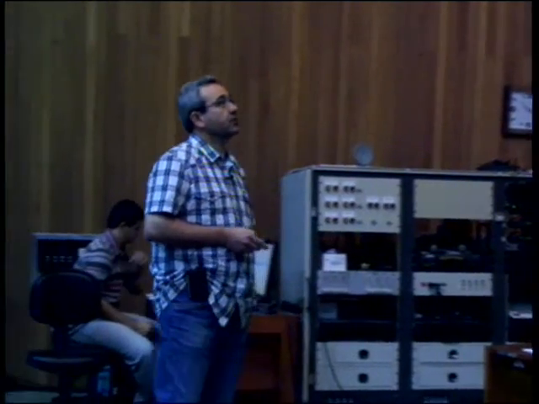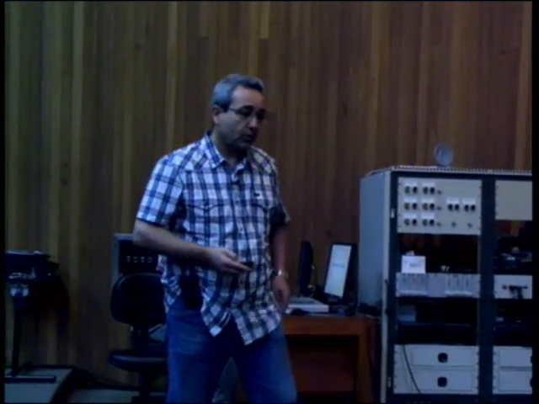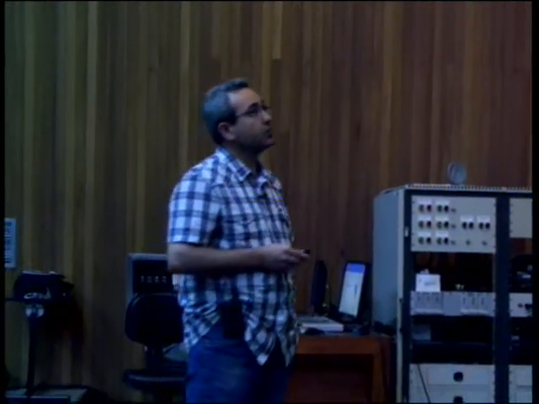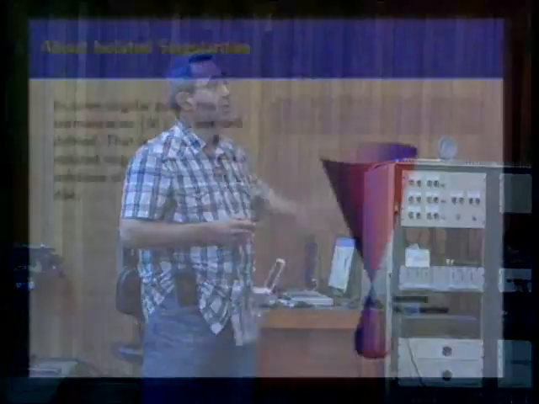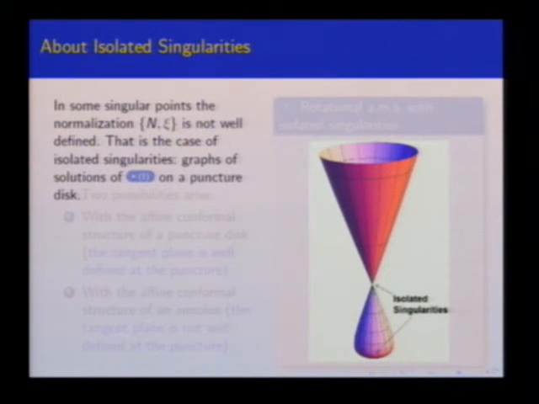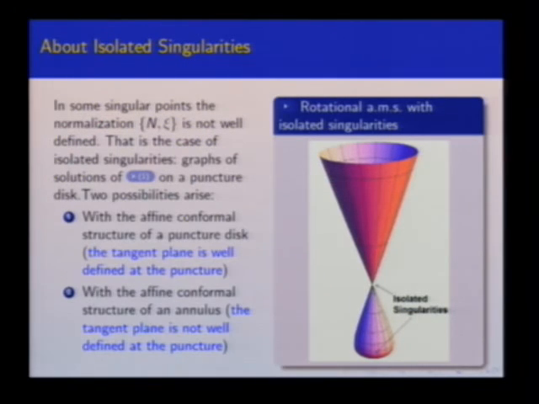Let me spend the last part of the talk on the study of some kind of singularities that don't take place in the minimal surface theory. These are the isolated singularities which are embedded in a neighborhood of the singularity. Here we have an example of a rotational affine maximal surface.